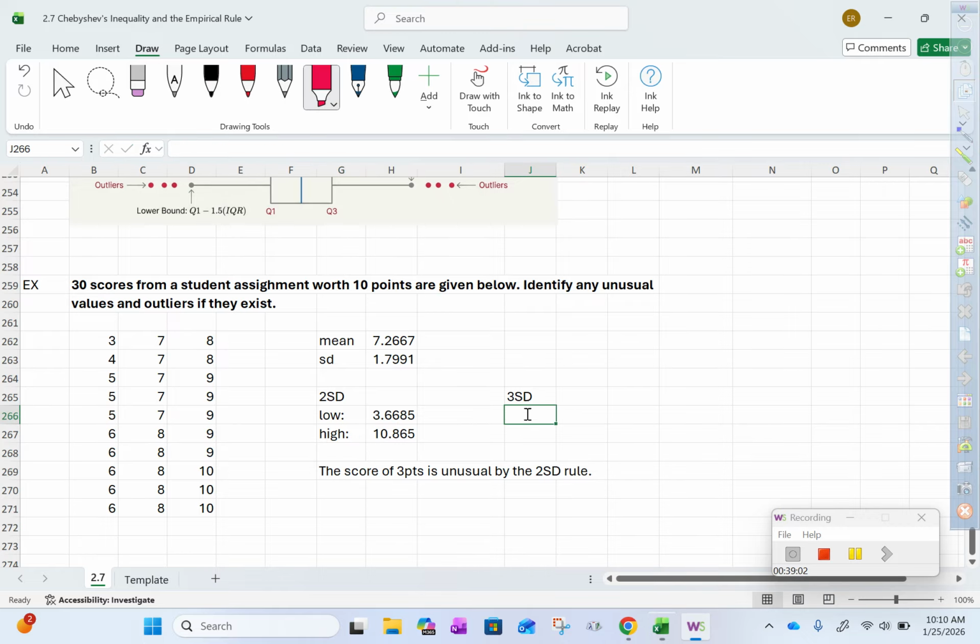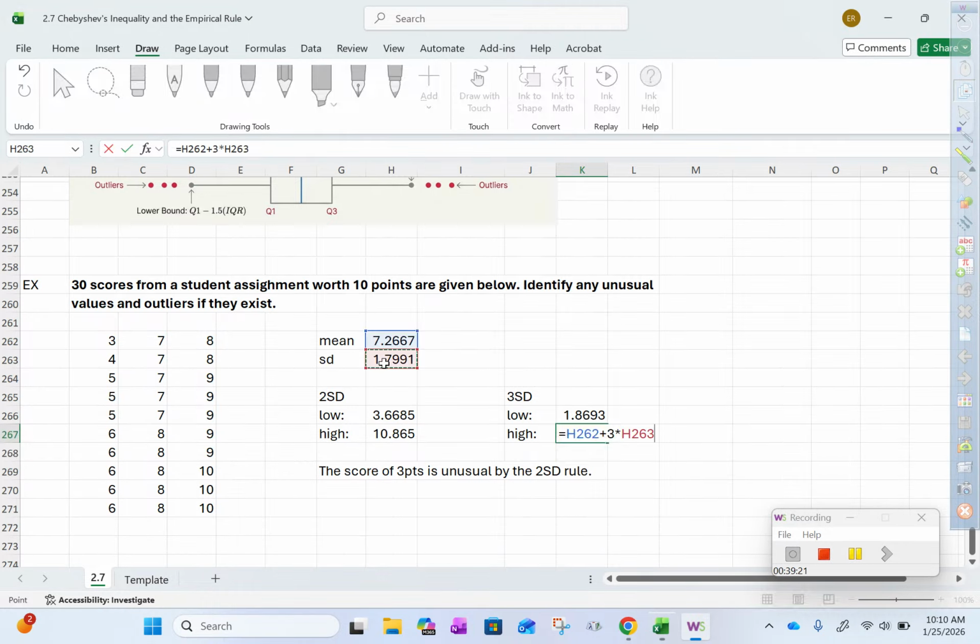Okay, and then low, high, we're going to do the same thing here, but use 3 times the standard deviation. And then add it for the high end. Okay, looks like all of our numbers are between that 1.8 and 12.6.